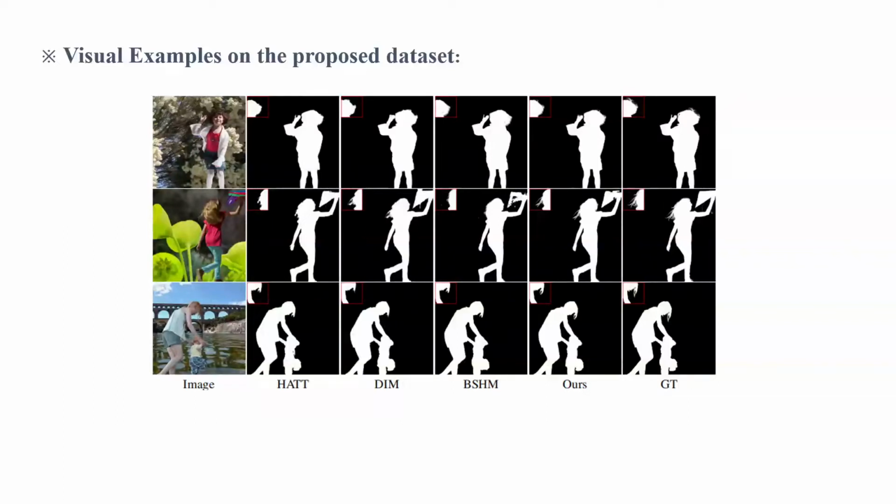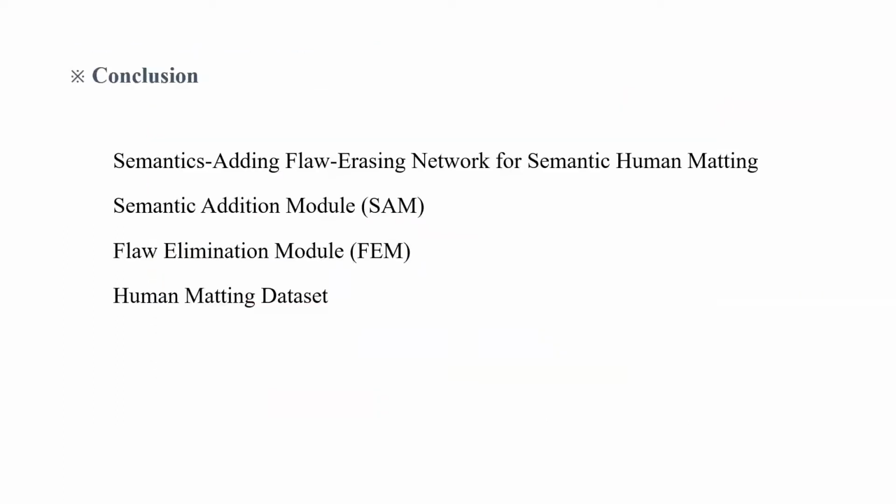In this paper, we have proposed a novel Semantic Routing Flaw Erasing Network, SAFENet, for semantic human matting. It first predicts an initial alpha matte with a single model. It then strengthens human semantics and erases erroneous regions in the initial alpha matte.